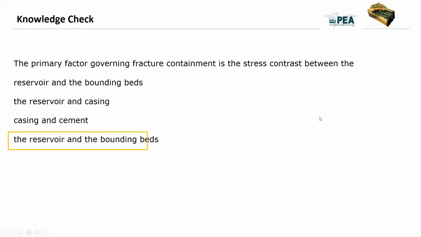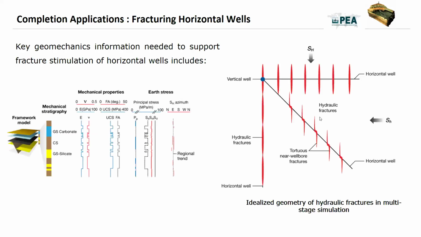Okay. So now we will go through the fracturing of horizontal wells, which means the methodology to fracture unconventional reservoirs. The principle of fracturing horizontally is not the same as vertical hydraulic fracturing.